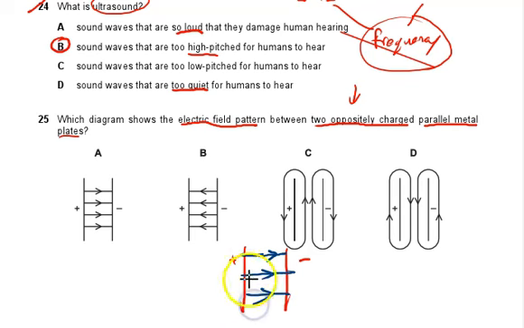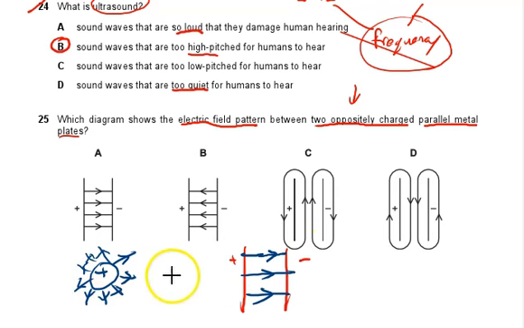The arrow should be like this. If it's a sphere, the arrows should go all the way around, going out of the sphere. So this is the pattern. If it's negative, the arrows come toward the sphere. So your answer here is A.